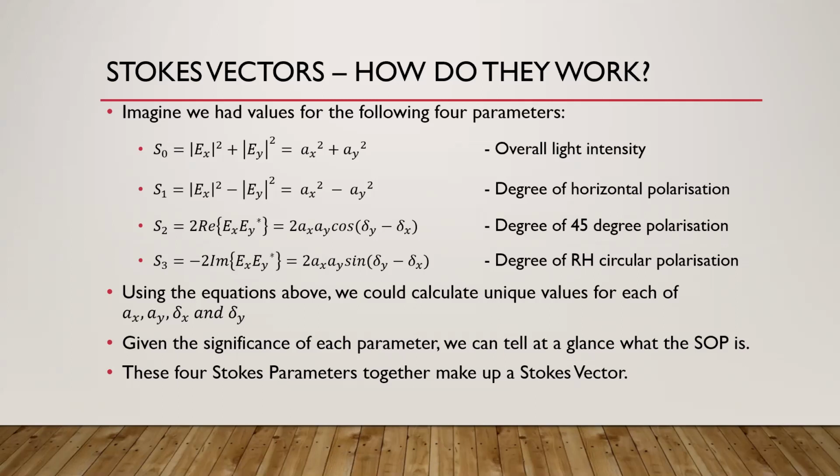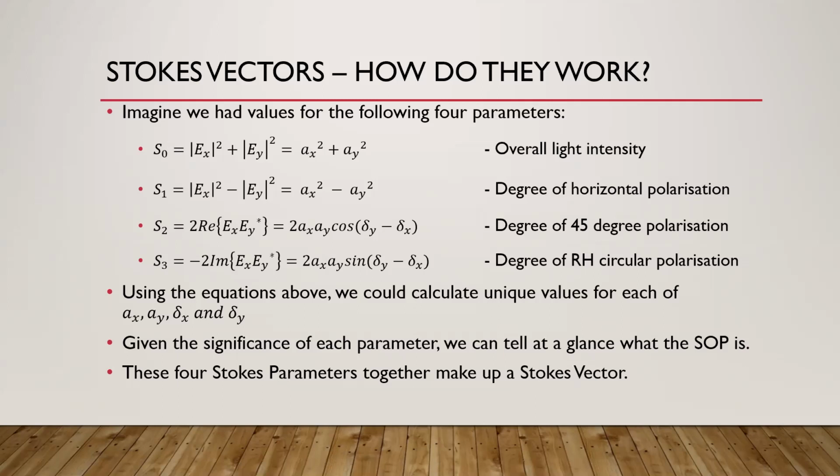And similarly, for it to be circularly polarized and not elliptically polarized, we know that the amplitudes have to be the same. So again, 2AXAY works out as AX squared plus AY squared. So essentially all of the light intensity in that case is contained within the right-hand circular polarization.